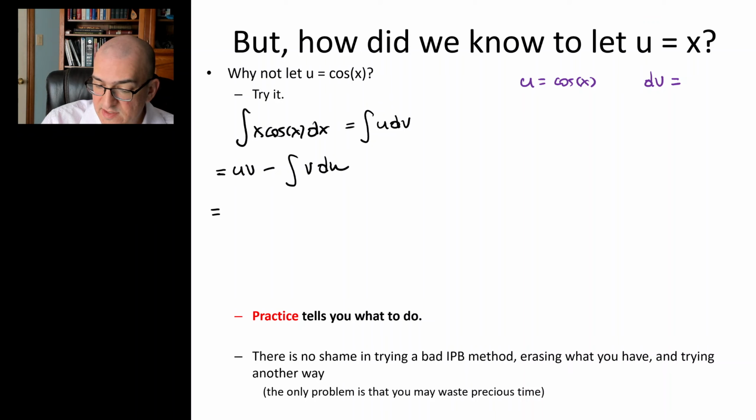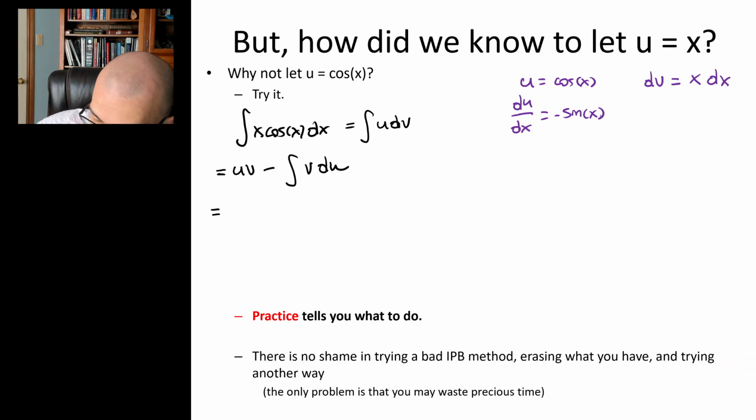So we haven't yet taken the x or the dx, so that's going to be my dv. Now I'm going to take the derivative of u. du by dx is negative sine of x. So du is equal to negative sine of x times dx.